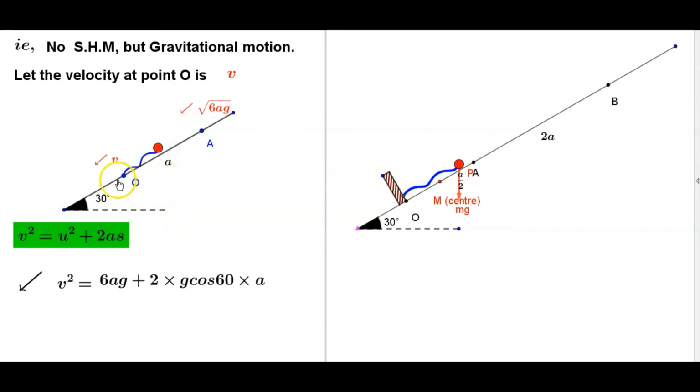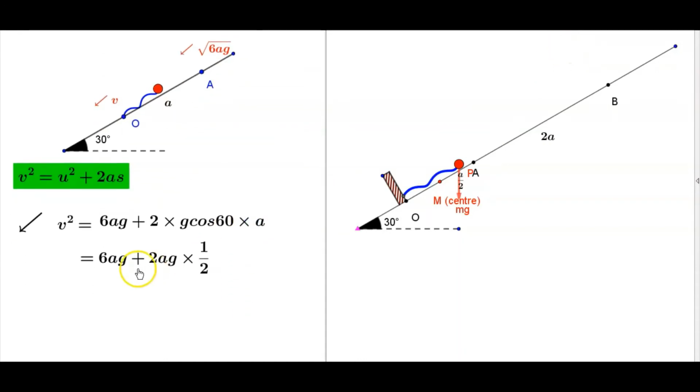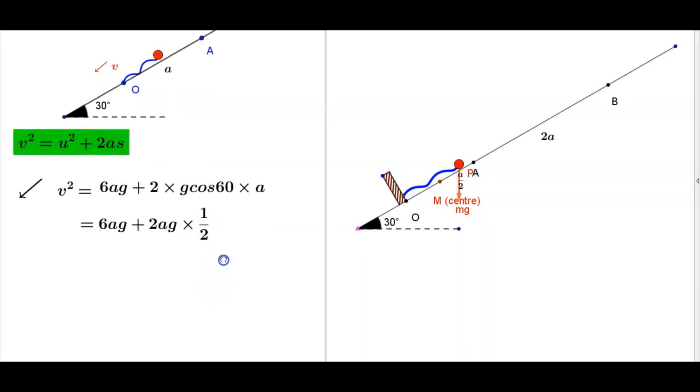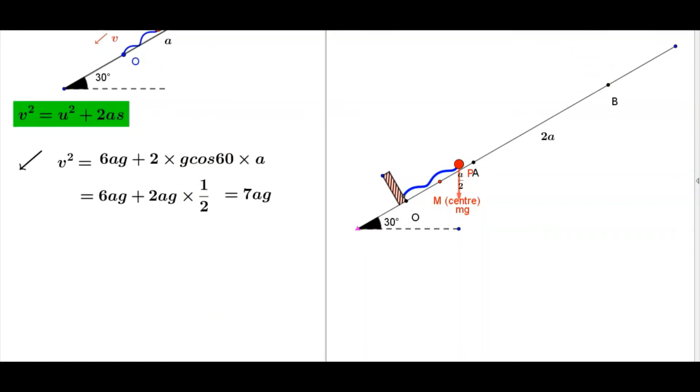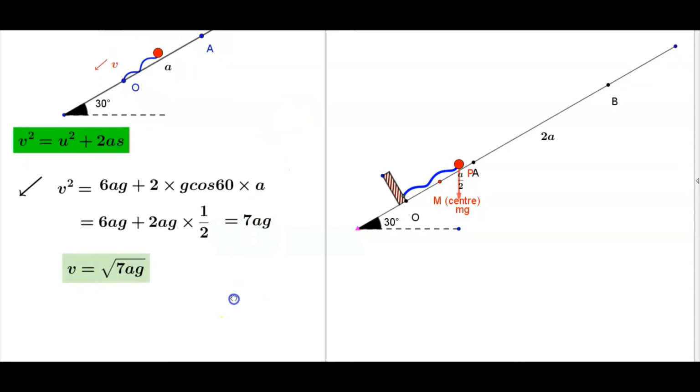Therefore, along the AO direction, g cos 60 into s, distance from here to here, a. Now 6ag plus 2ag cos 60, half, is 7ag. Our velocity v is equal to square root of 7ag at point O.